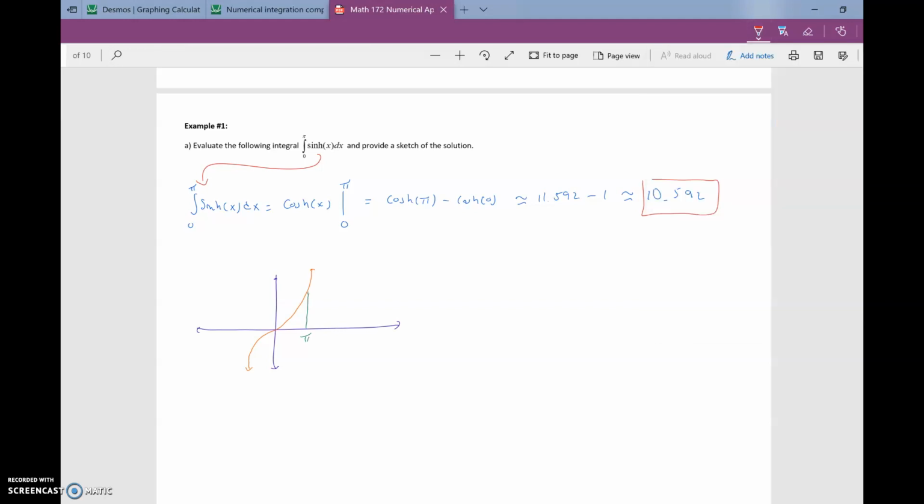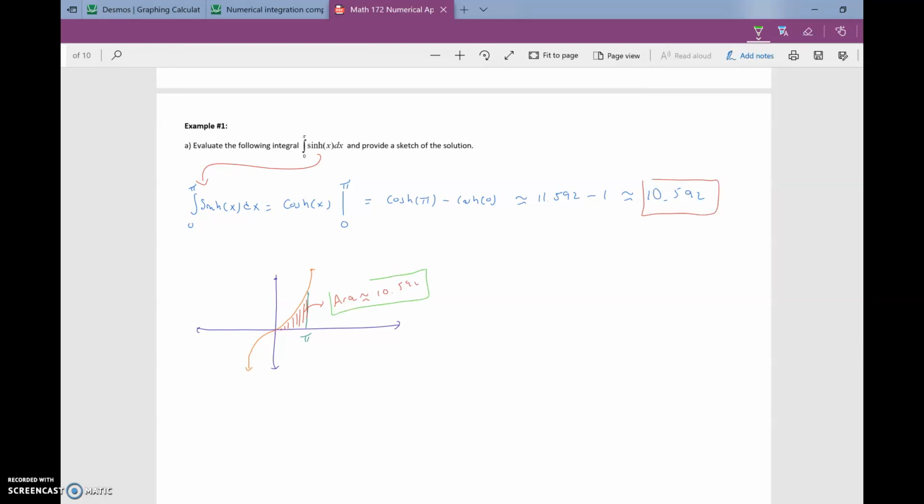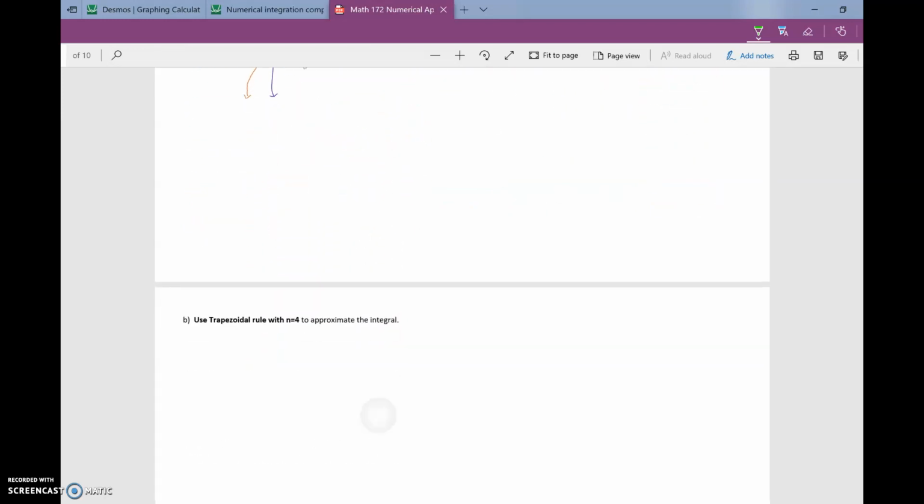The approximate area that we're obtaining, or what the integral is evaluating, is technically this portion here. In terms of area, it's approximately 10.592 using the actual integral, which is technically the exact value. So the exact value is the cosh of pi minus the cosh of 0, which as a decimal approximation is 10.592.